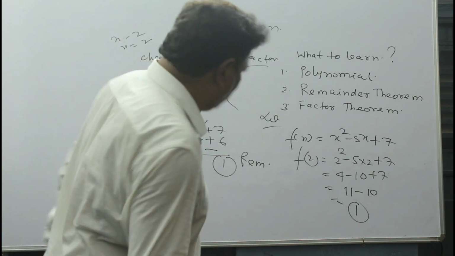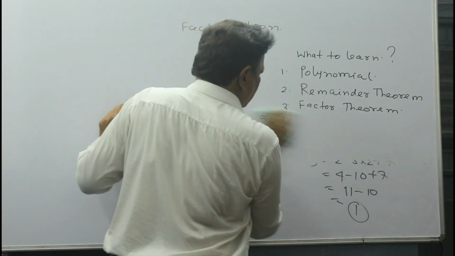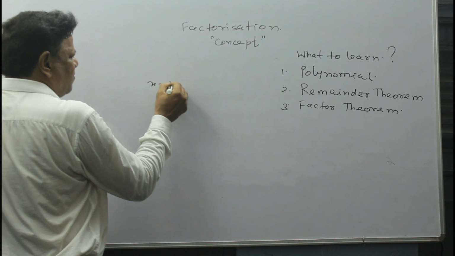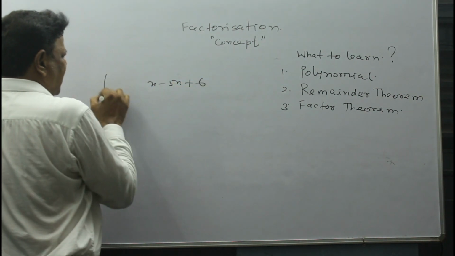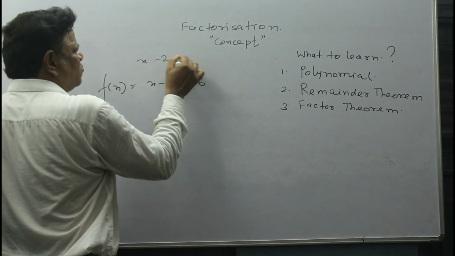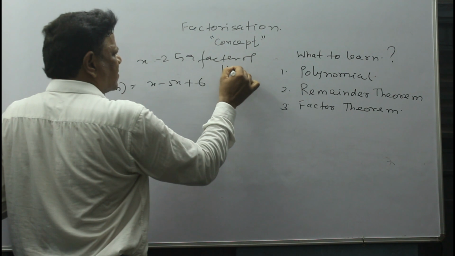Another example I am giving you. Let me take x square minus 5x plus 6 as f(x). I will check whether x minus 2 is a factor of this.